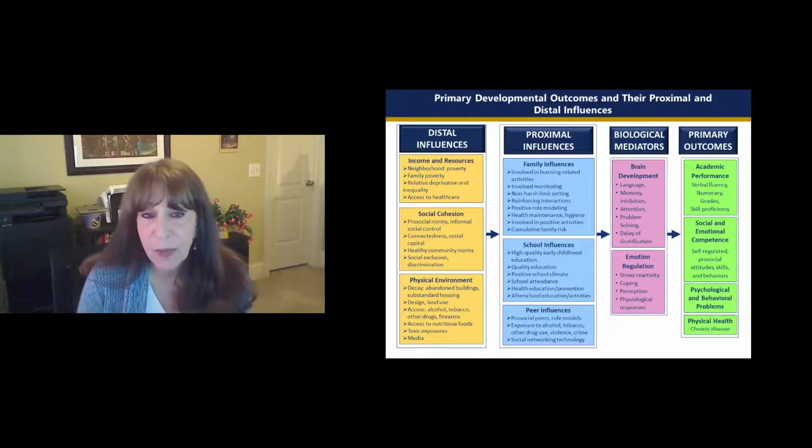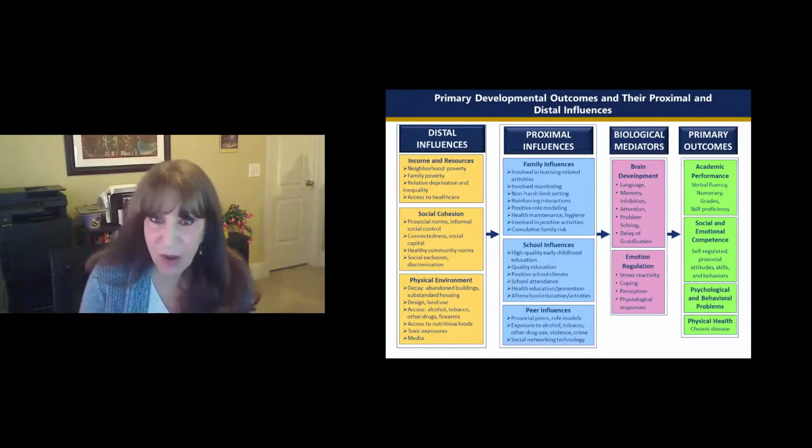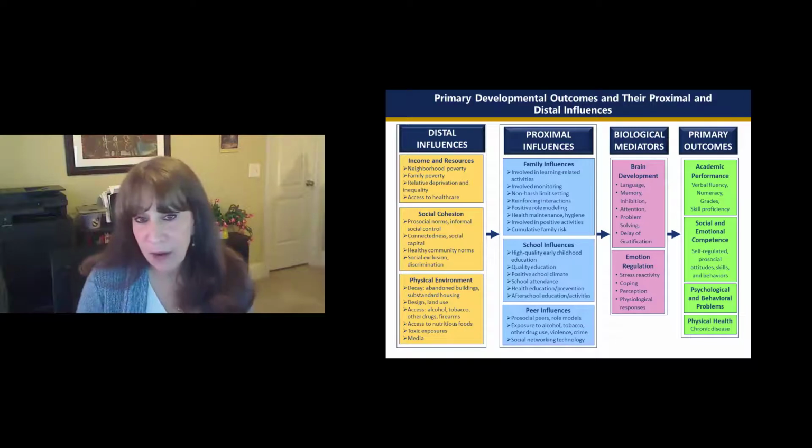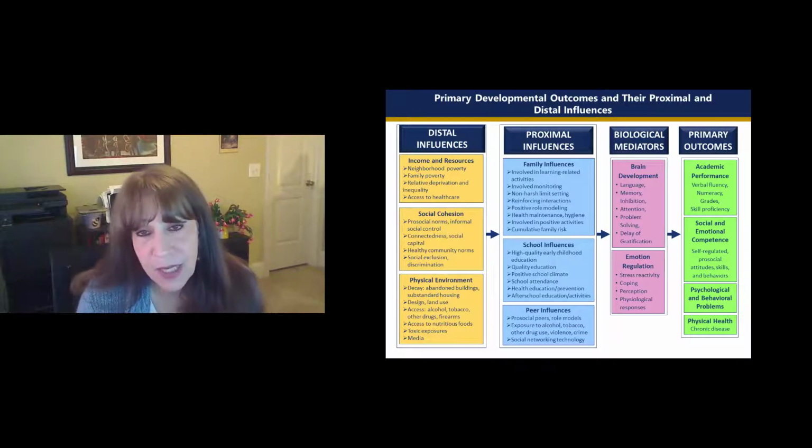Are they growing properly? What do these influences look like to lead to these intermediate outcomes, if you will? And then emotion regulation: what's stress reactivity, what's coping look like, perception of emotion, and physiological stress responses. Together, these things mediate what your primary outcomes look like.